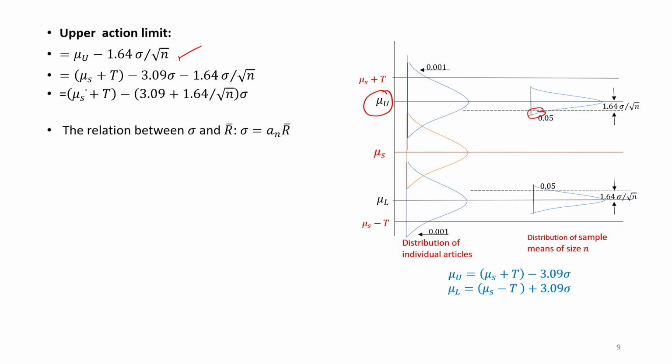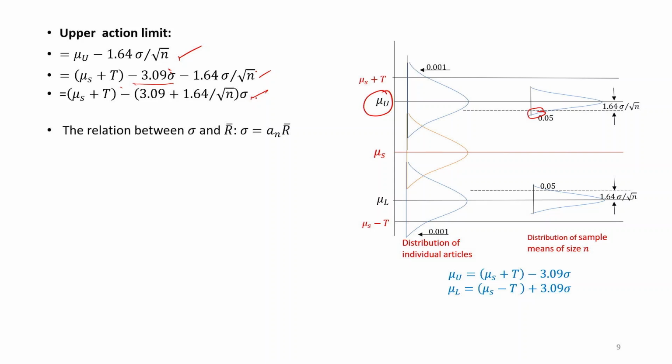So we write it, mu is equal to mu s plus t minus 3.09 sigma. We have already seen it earlier, and we put this value 1.64 sigma by root n. Mu s plus t we take together, and from these two we take sigma common. So we take out sigma. What is within bracket is 3.09 plus 1.64 by root over n.